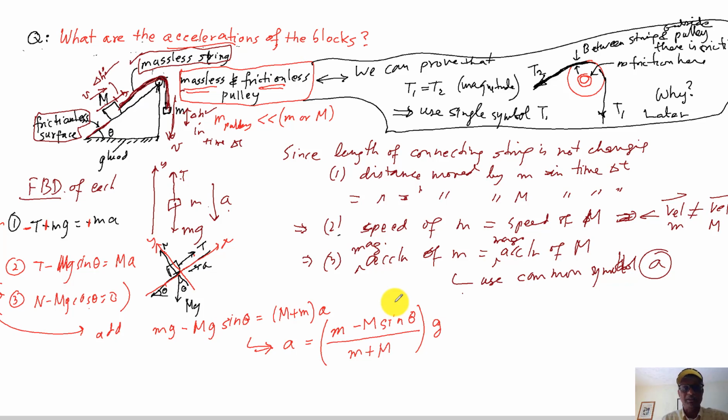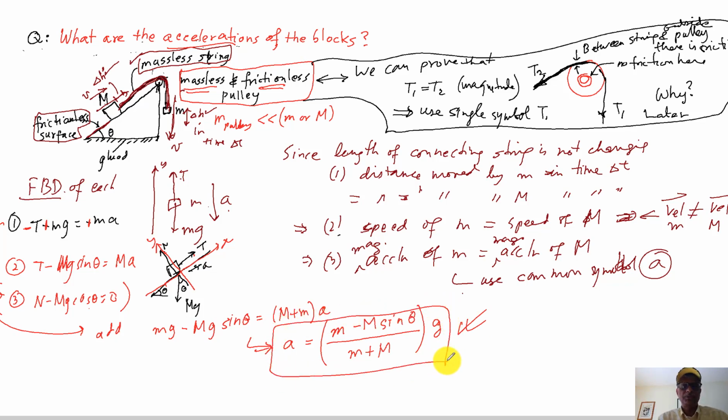So that looks correct. When theta was 0, then the only weight that's providing acceleration is just little mg. So it looks like two cases work out. So this is the answer.